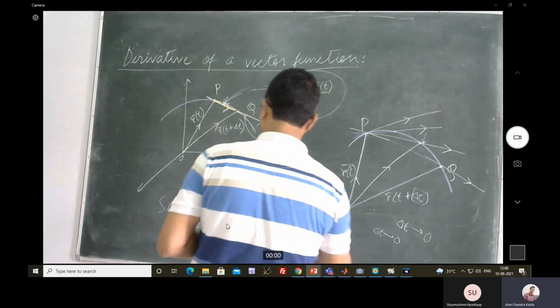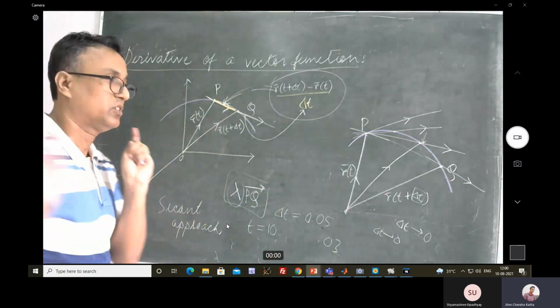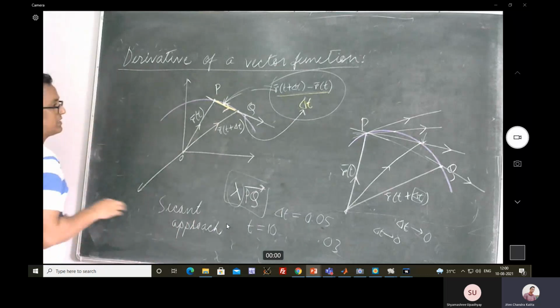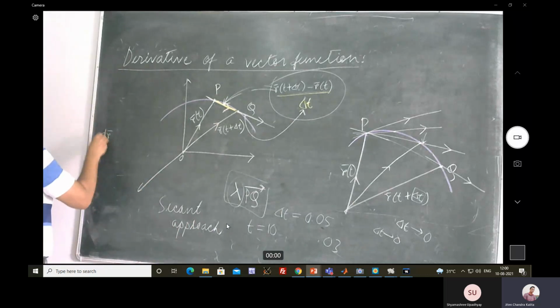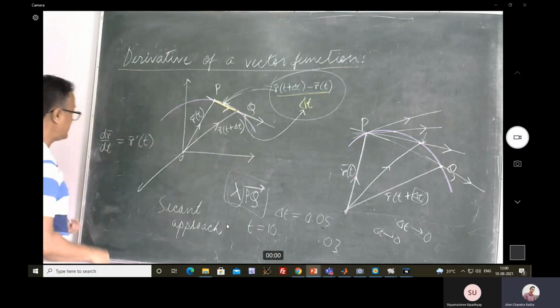So this is the geometrical interpretation of the derivative of the vector function. Again, dr/dt is also denoted by r prime(t).